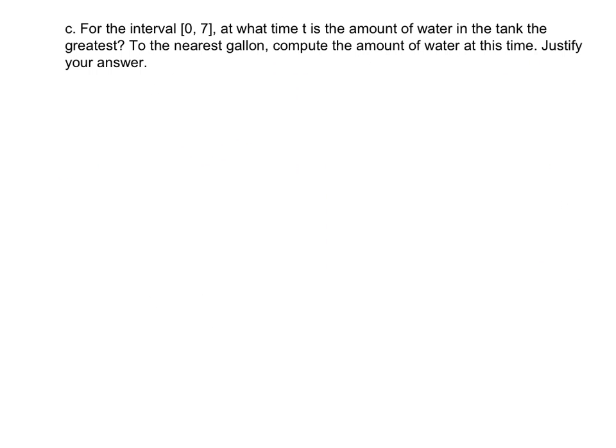Part C. For the interval between 0 and 7, at what time t is the amount of water in the tank the greatest? To the nearest gallon, compute the amount of water at this time. Justify your answer. To find the maximum amount of water, you have to find the critical points of the amount entering the tank minus the amount leaving the tank.